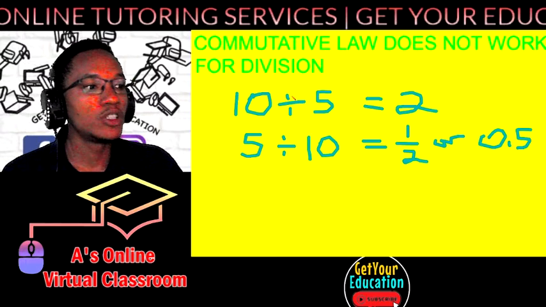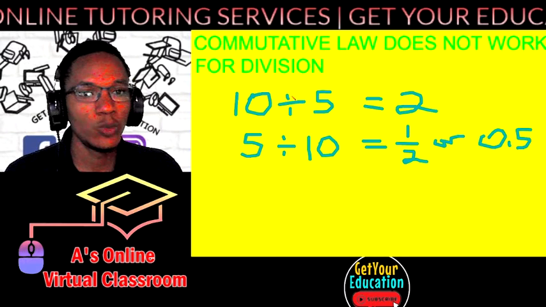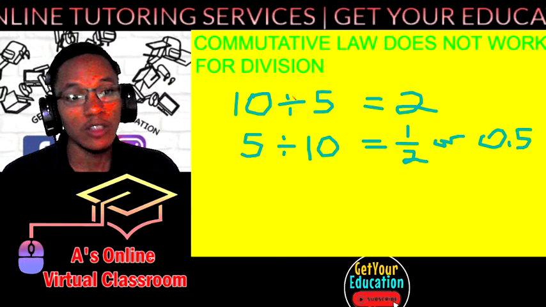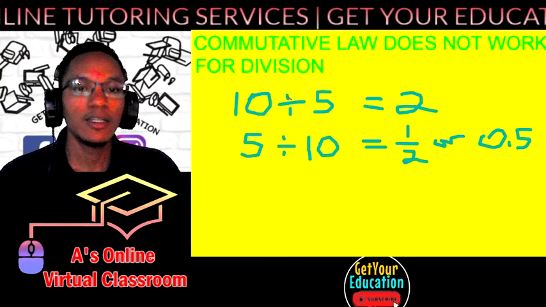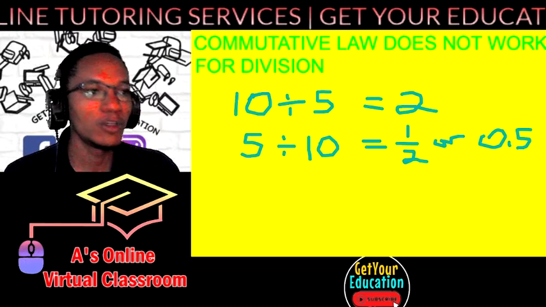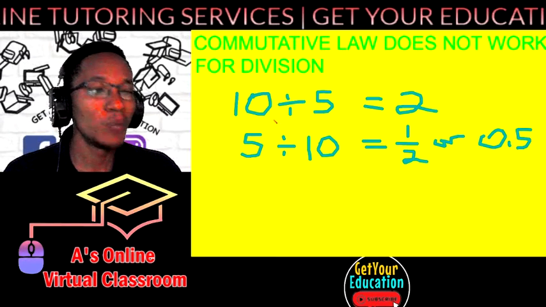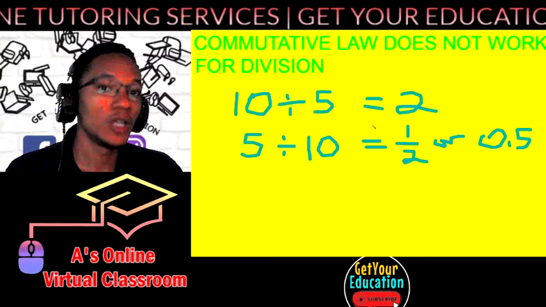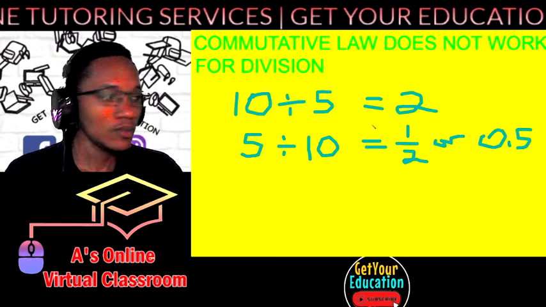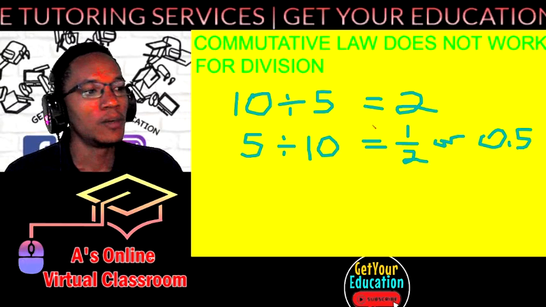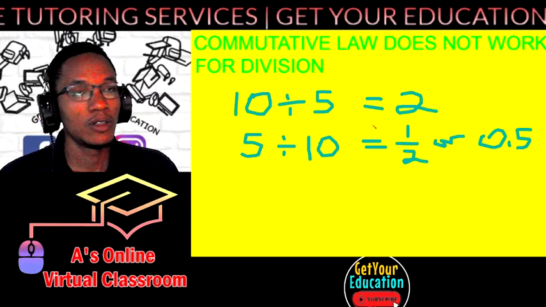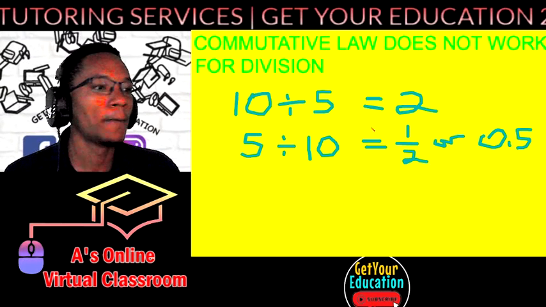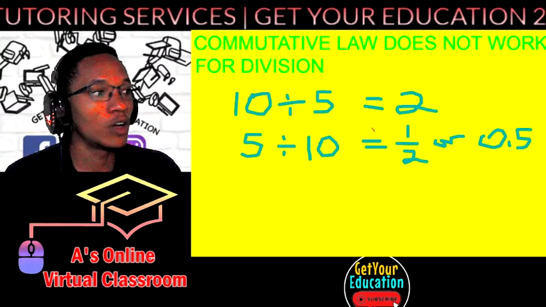So the commutative law does not work for division. I'll repeat that again. The commutative law does not work for division, and anytime you have to divide, you have to be careful, because if you mix up the numbers in their positions, you will get the wrong answer. So take your time when you're dividing. Make sure you have the question from the test paper, from your book, whatever exercise you're doing. Make sure you have the question correct and divide accordingly.